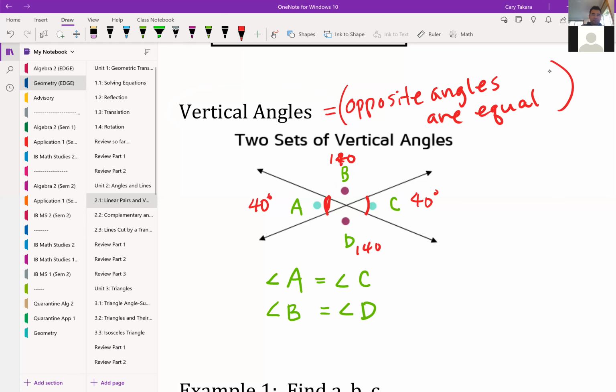That's just an example, by the way. A, C. So A has to be equal to C. B has to be equal to D. And those are called vertical angles. Okay?